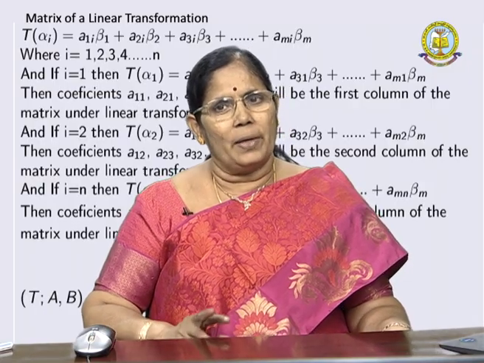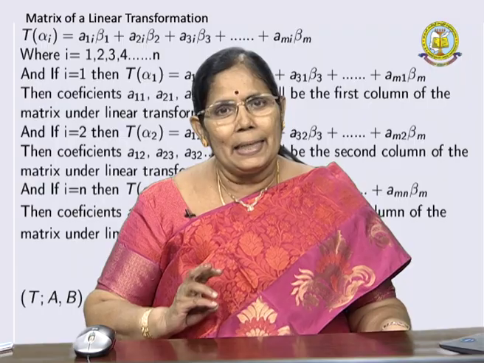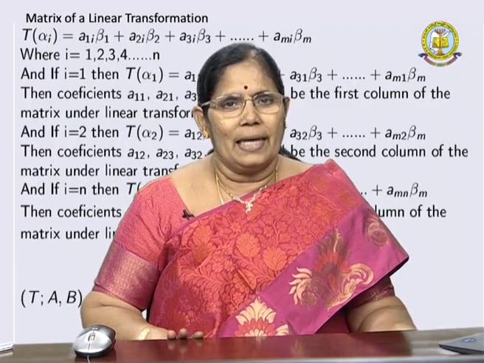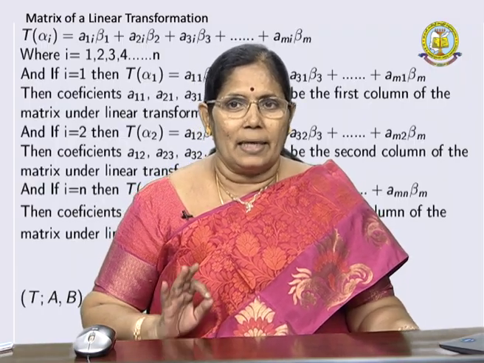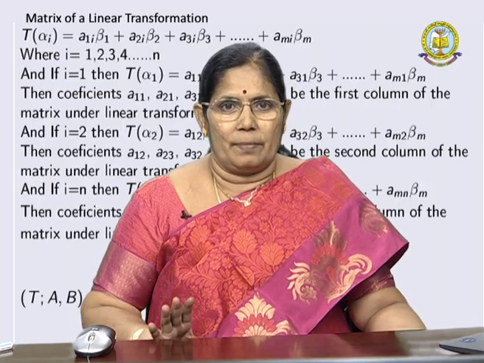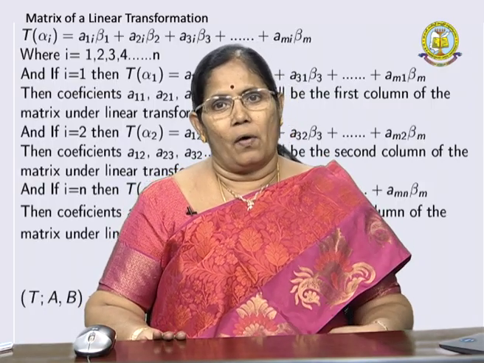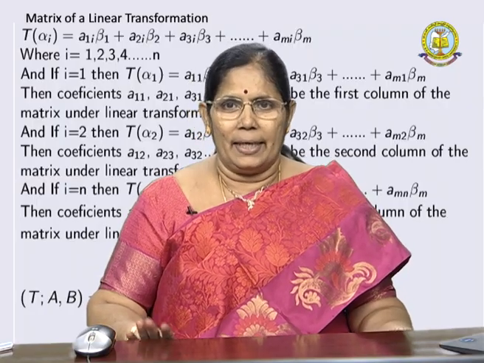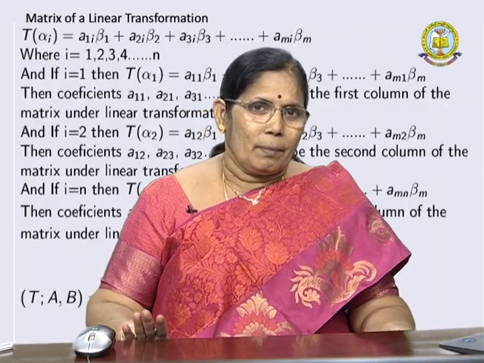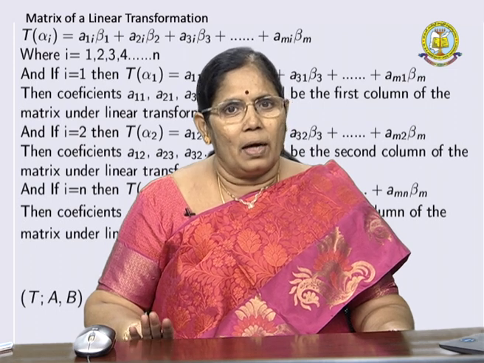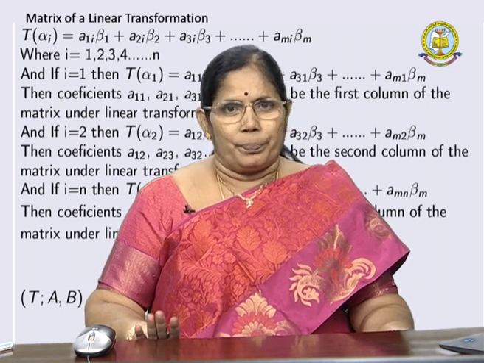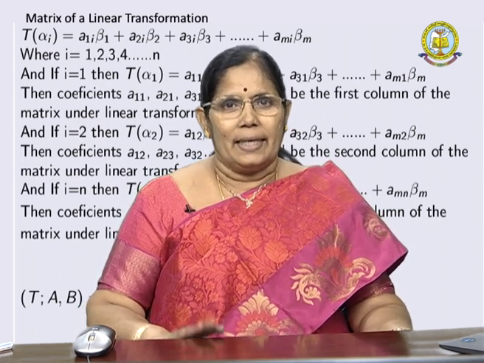So, for both p and q you have mn choices. So, there are mn such T_PQs. Let B1 denote the set of all these mn linear transformations.